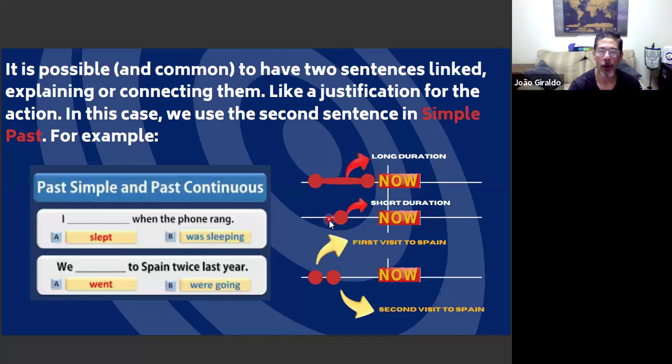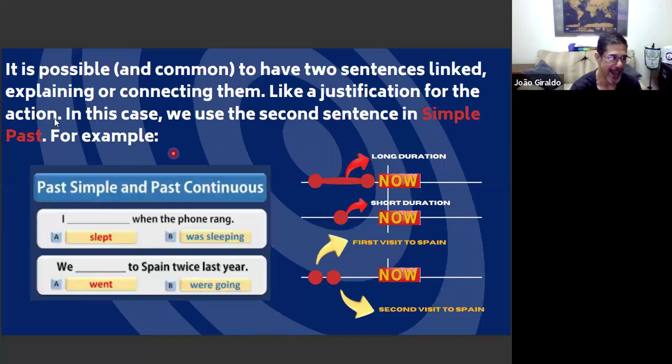Okay, so when the phone rang, imagine the phone rings for 5 minutes. Okay, so the action of sleep is 1 hour. The phone ring is a punctual action. So this action, the phone ring, is shorter duration. In this case, guys, always the longer duration sentence is in past continuous.